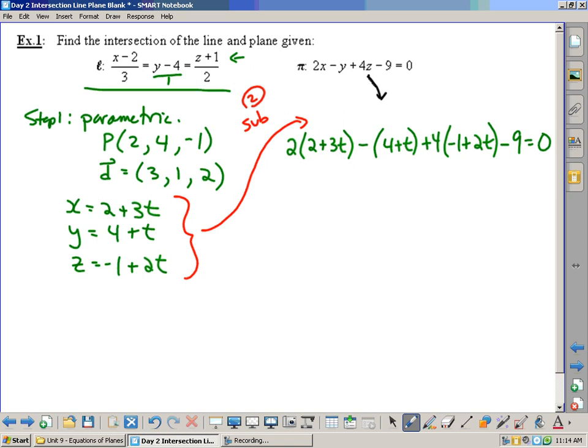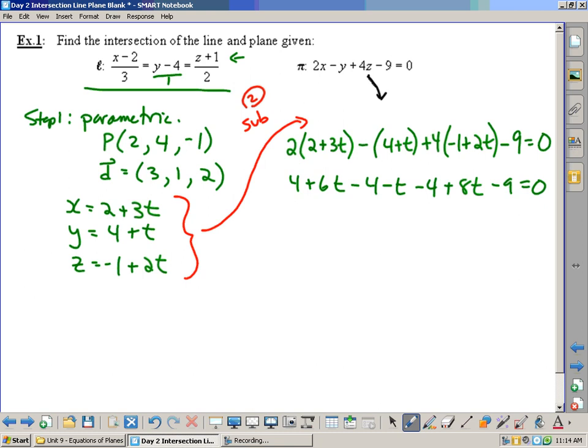So by assuming that they intersect, there must be a value for x, y, and z that makes this statement true. We would find those x, y, and z that make up the point to make it true. Now it's just a matter of a little bit of algebra, so I'm going to expand: 4 + 6t - 4 - t, and expanding the 4z gives -4 + 8t - 9 = 0.